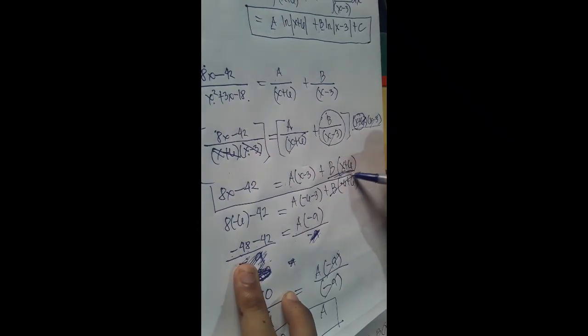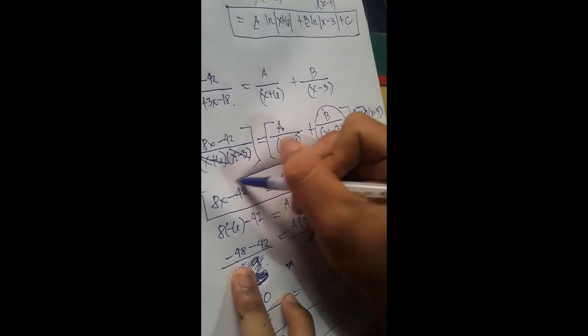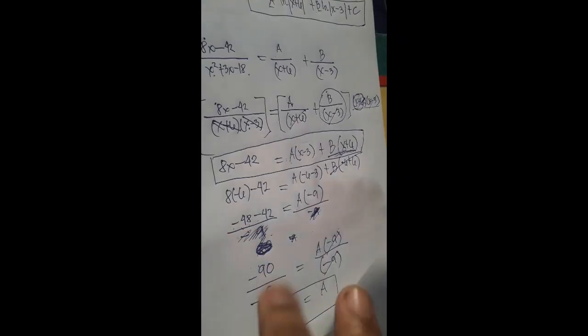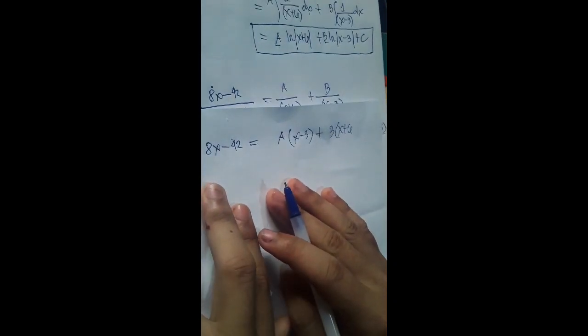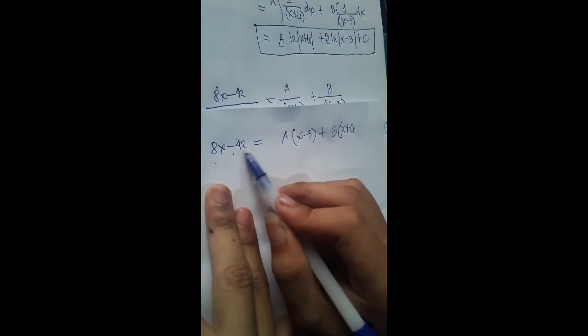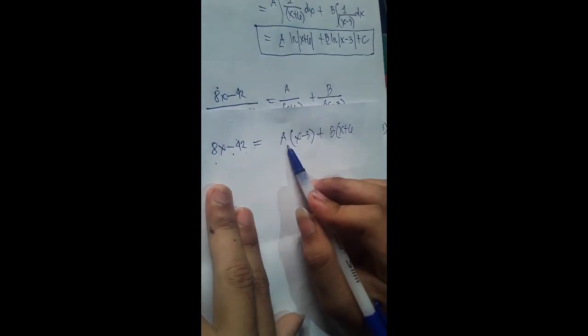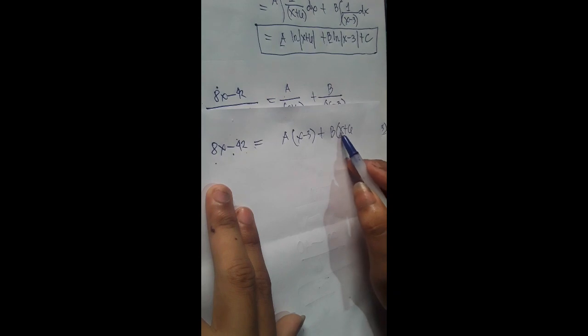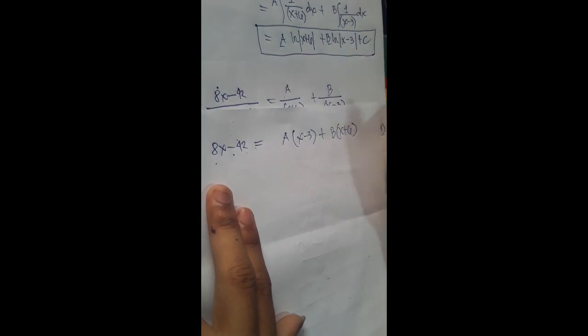We copy this one for finding the value of b. So we have here 8x minus 42 is equal to a times x minus 3 plus b times x plus 6.